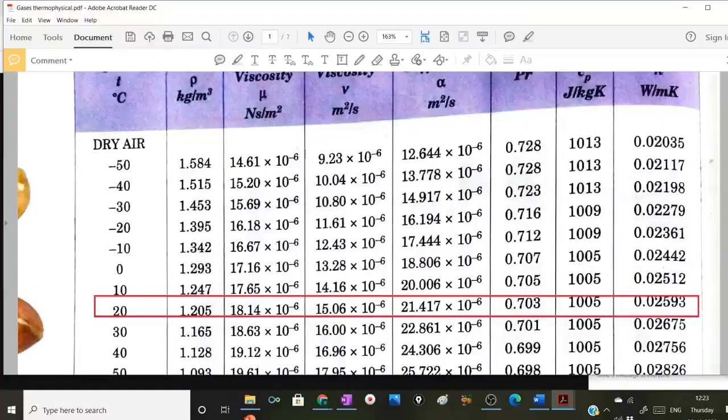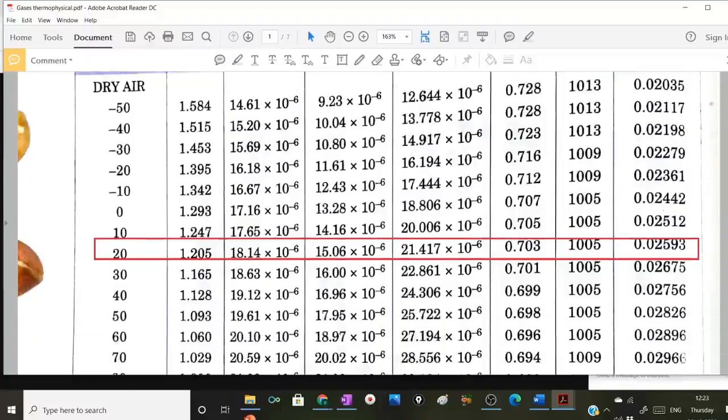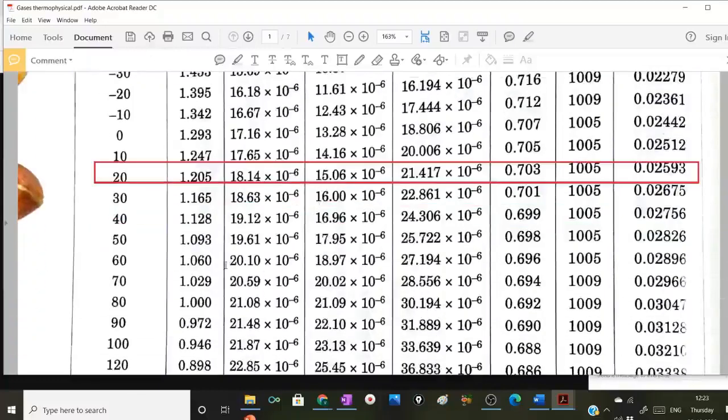along with their units. Now another concern, if the reference temperature is calculated as let's say 38 degrees Celsius, how will you find out the thermophysical properties at a reference temperature of 38 degrees Celsius with the help of interpolation?